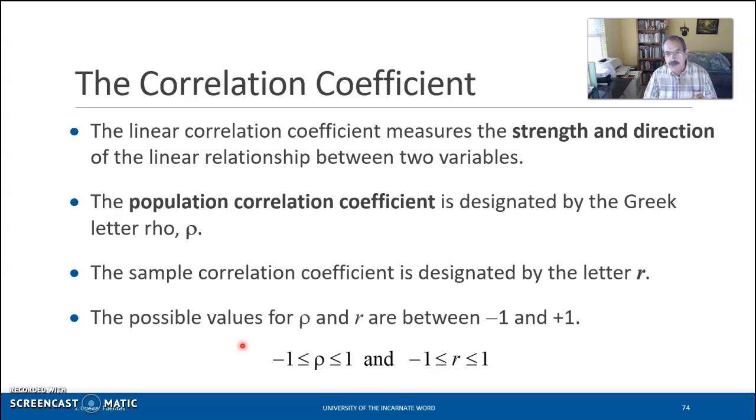And for the sample correlation coefficient, we use the lowercase r. Both of these coefficients can take any value between -1 and +1, and that's what I'm showing here at the bottom.